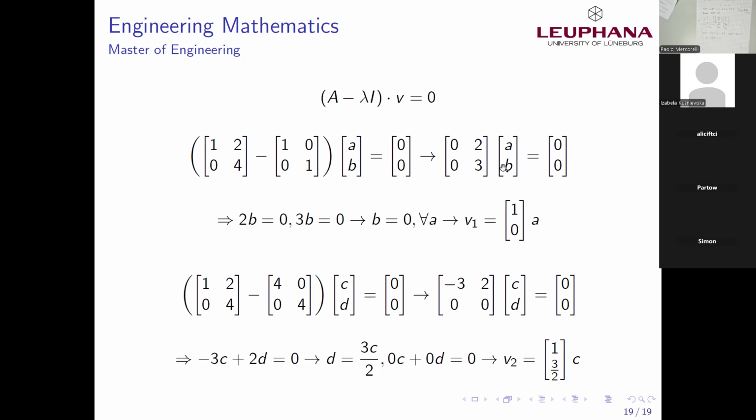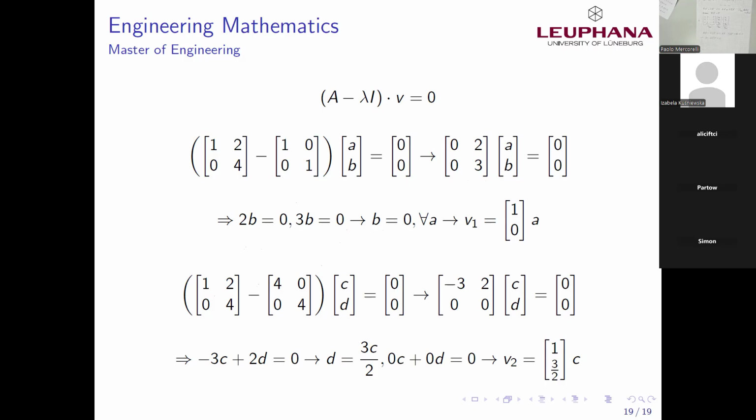I don't know if it's visible. 2B equals 0, 3B equals 0. When these two conditions are satisfied, necessarily B equals 0. But very important, for each A, because A is not involved in the conditions. This means B must be 0, and A is arbitrary, because it's not involved.